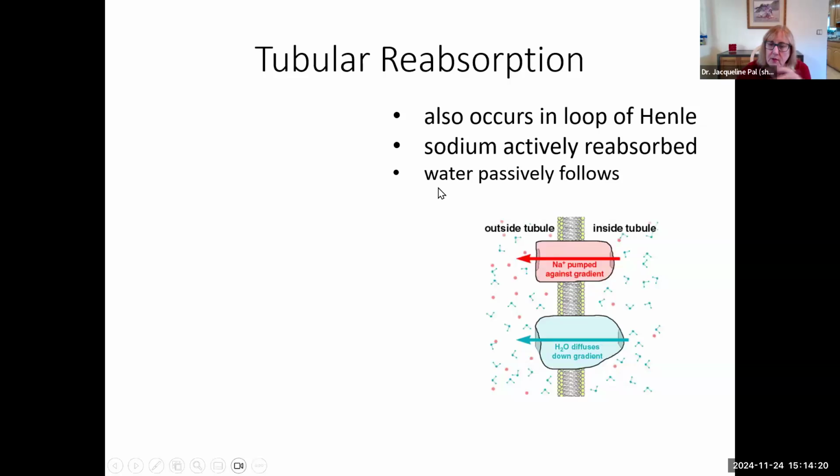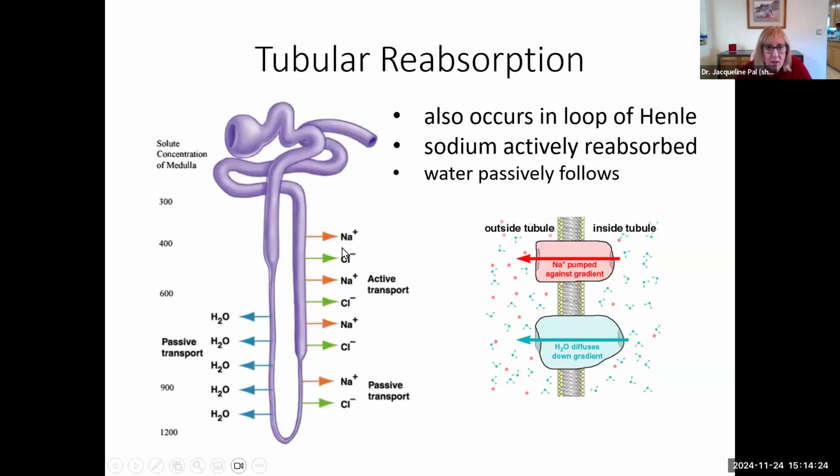Sodium is going to be pumped by active transport against its gradient, and so we've got all this sodium being actively transported out, and then water is going to follow passively because water always follows where sodium is. Okay. And so now we have gotten rid of, like, 99% of our sodium and our water has gone back into our bloodstream.